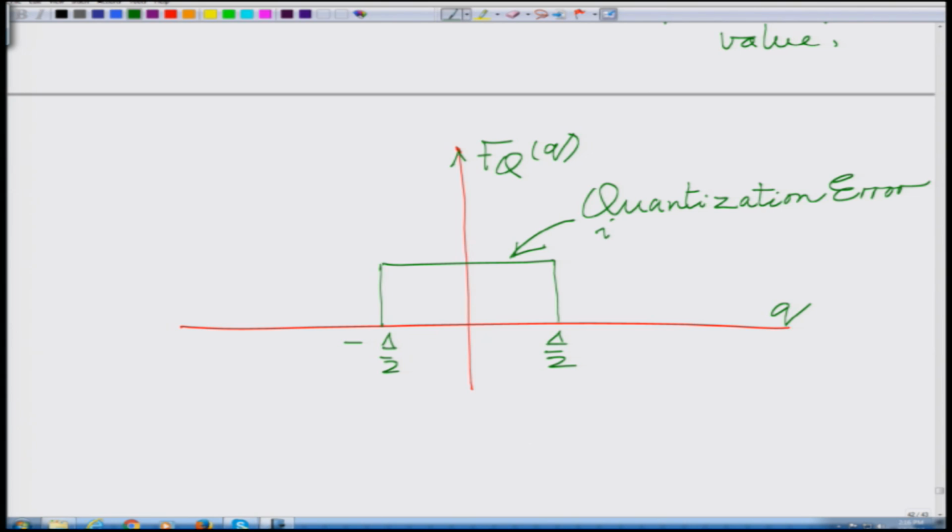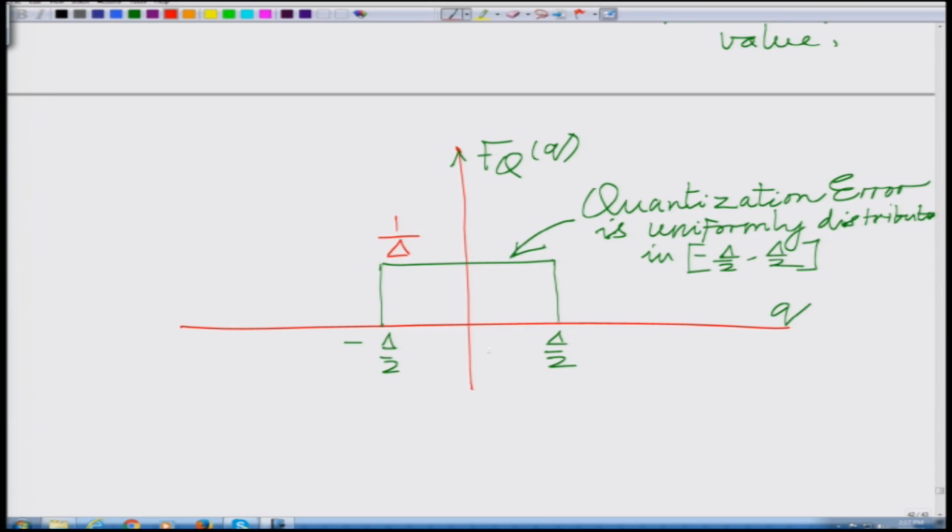The quantization error is uniformly distributed in minus delta by 2 to delta by 2, so naturally the height of this uniform probability density function is 1 over delta, that is, 1 over the length of the interval.